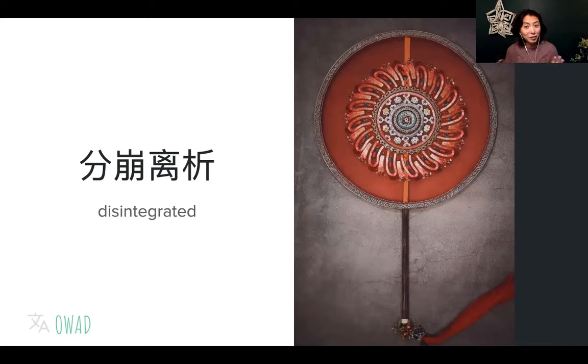Because it's a heavy topic, and I have no visual that I can think of describing the horror of the disintegration, I'm using something actually about unity to show the opposite concept. So this is a highly decorated, embroidered fan, which was a common female object, because females back in the old days could not show the public their face, at least they pretended not to, right?